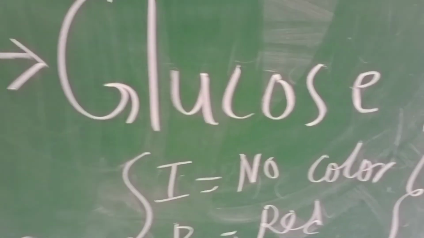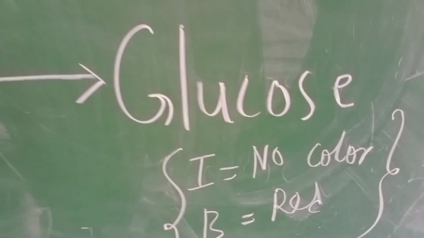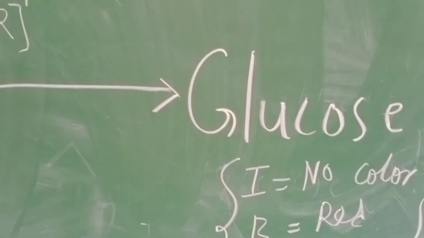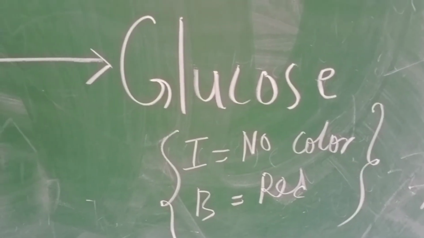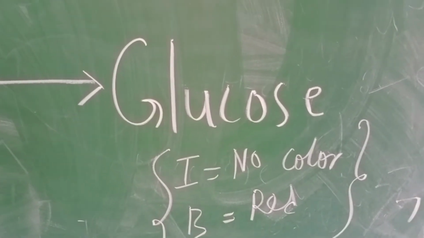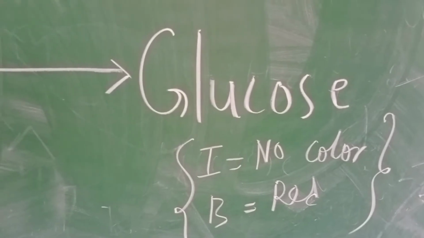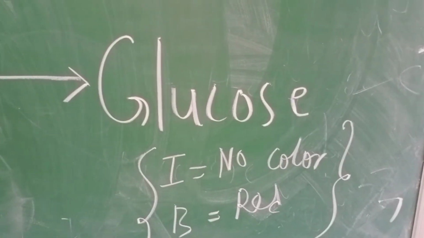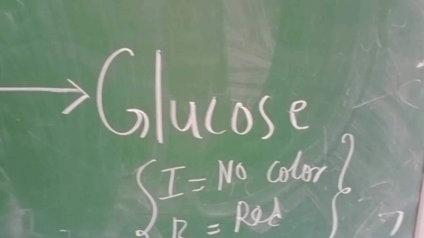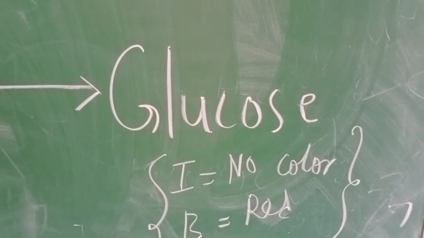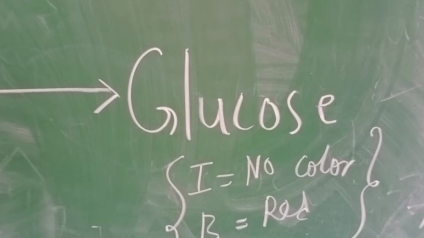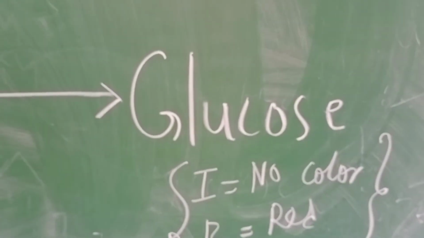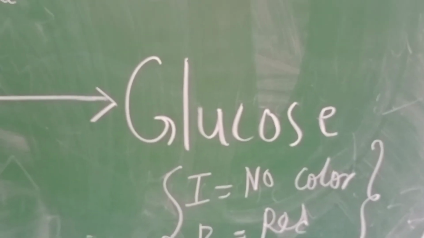So once the glucose is formed, again this reaction is confirmed by treating the glucose with the iodine, as the glucose is a monomer of the starch, the monosaccharide molecule. So once this glucose is treated with iodine, we are getting no color, because the iodine doesn't react with the glucose, as the glucose is the monosaccharide molecule.